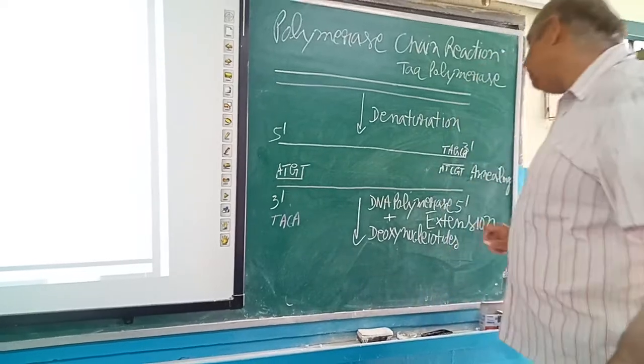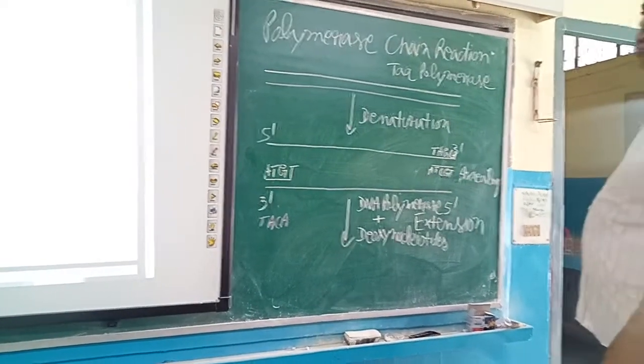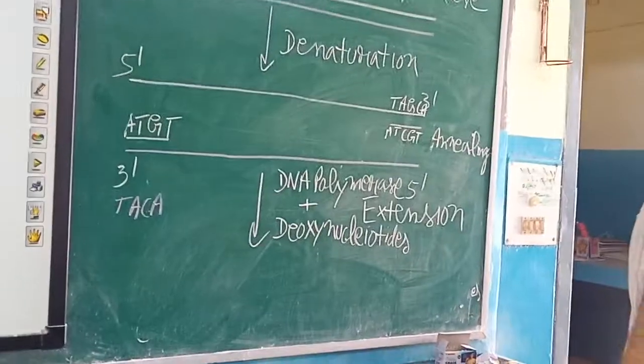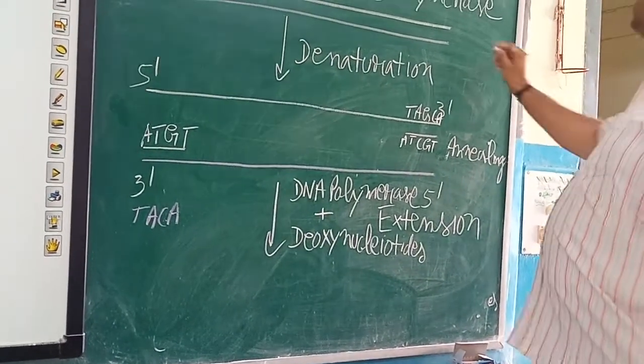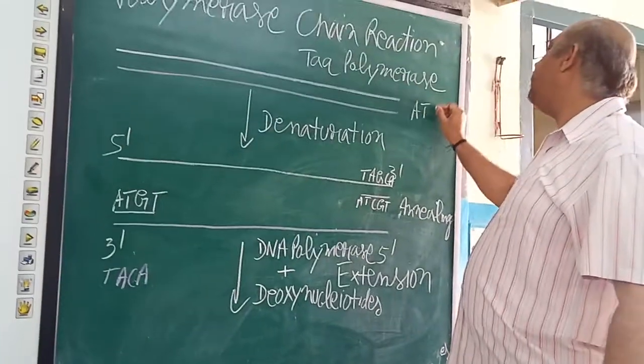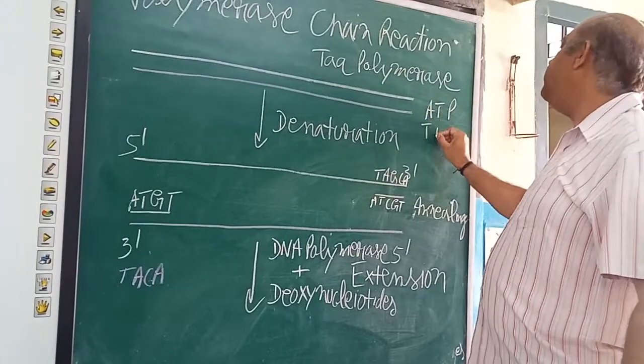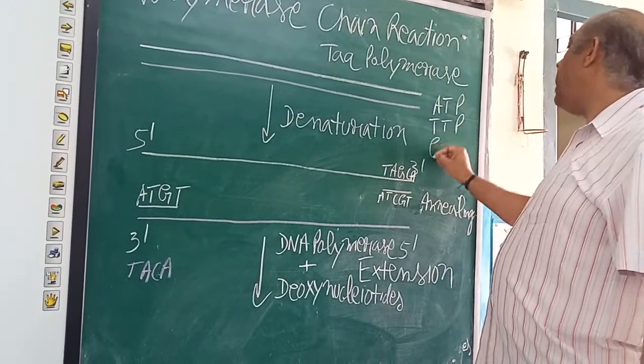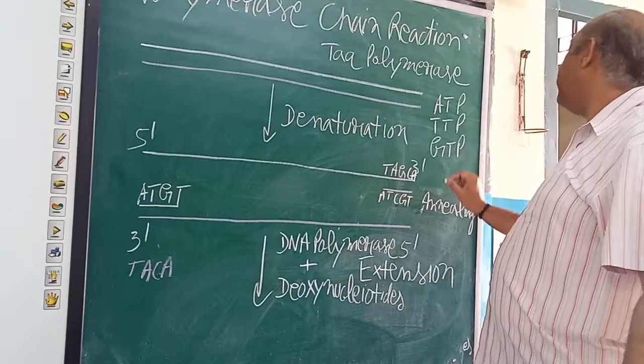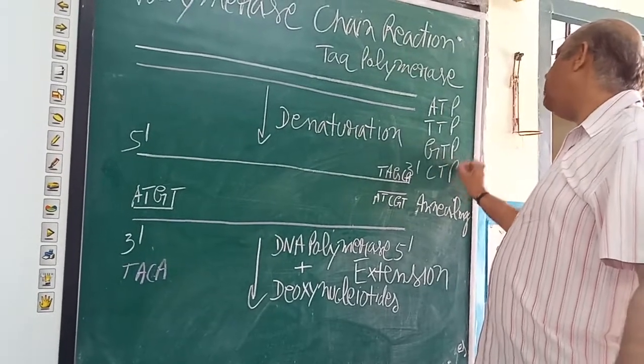We have to put all four types of deoxynucleotides: adenosine triphosphate, thymidine triphosphate, guanosine triphosphate, and cytidine triphosphate.